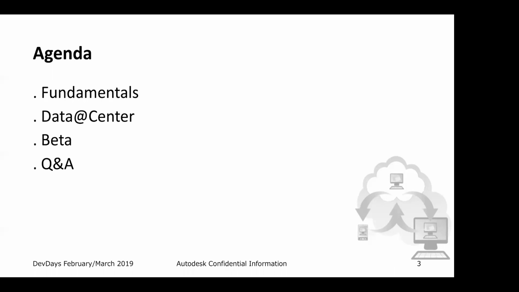Then how we can use Design Automation with the overall idea of data at the center. And finally, some information about the beta program. And in the end, a longer time for Q&A, questions and answers. I will try to look at the Q&A panel at a few moments during the presentation. You can post your questions, and as soon as I get there, I will answer them, okay?